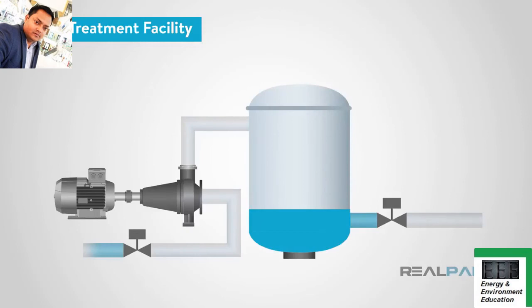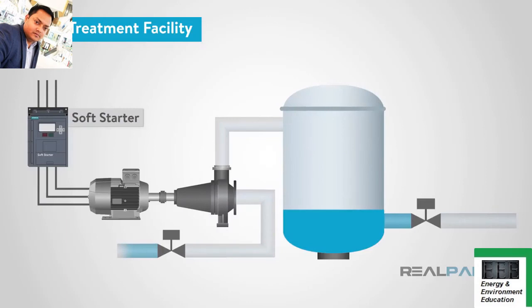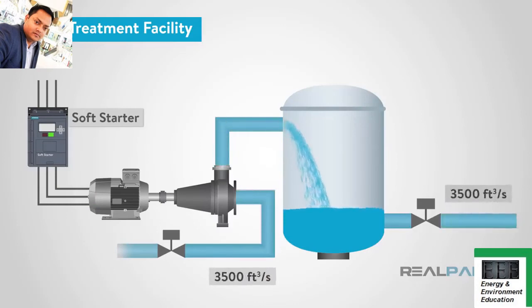A water treatment plant typically has a constant flow of water coming into the plant. Let's assume the demand for water exiting the plant is constant with the supply entering the plant. Which device would be the best option? That's right, a soft starter would be a great choice, because in this application, when starting the water pump, there would be a large inrush of current on our motor that our soft starter could handle and gradually ramp up the pump.